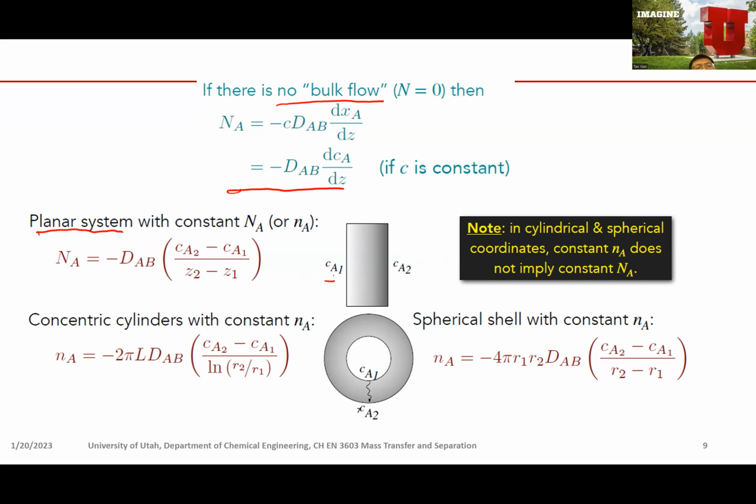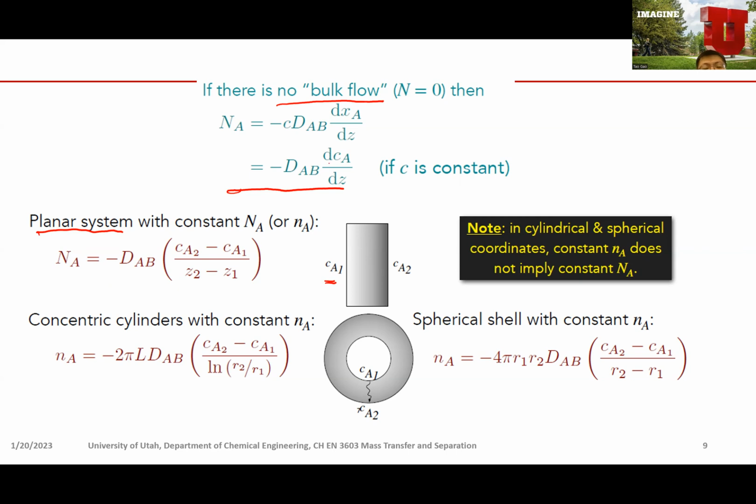We have potable water on one side, and on the other side salty water, which can be brine or seawater. So in that scenario, A here would be the salt or ion. Then we have a different concentration of species A on both sides of the membrane. How do we compute the diffusive flux?